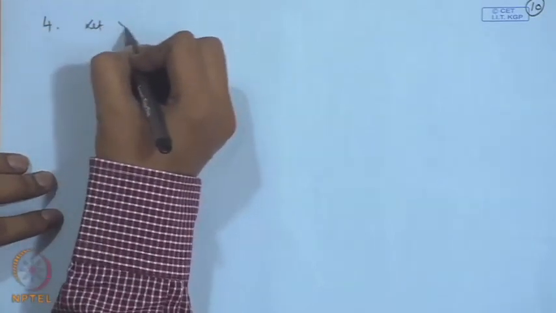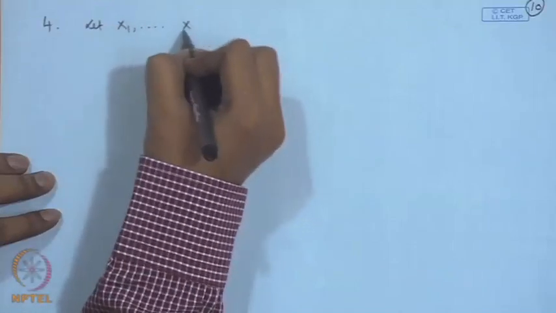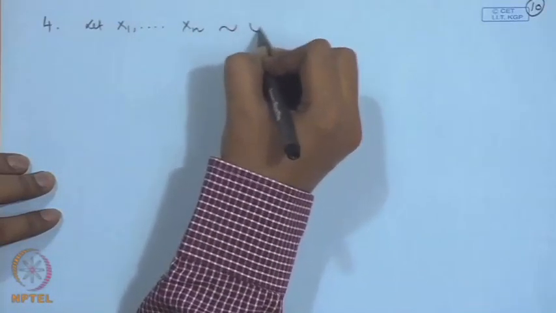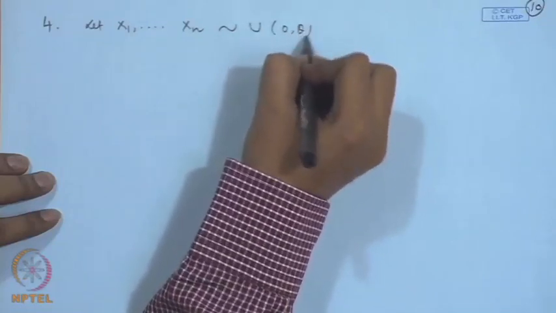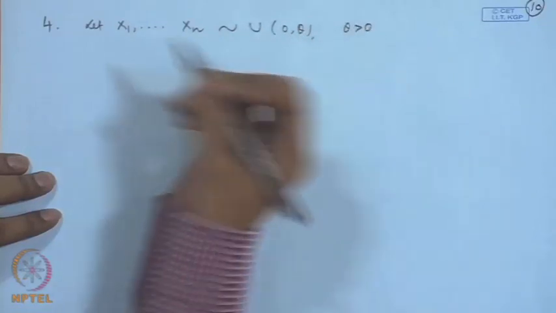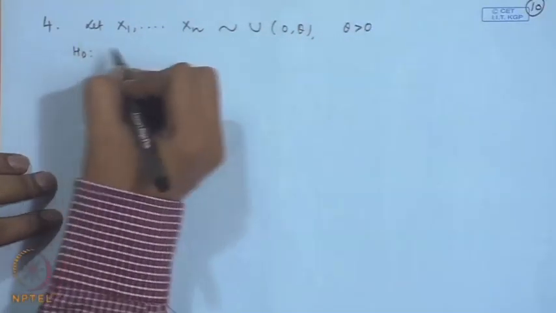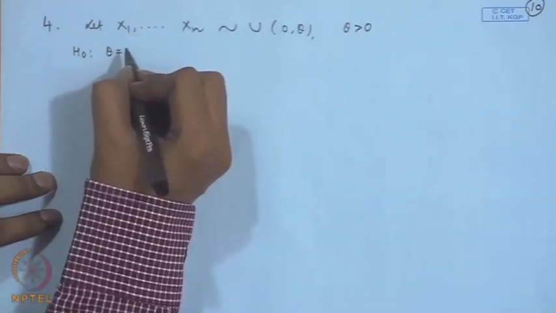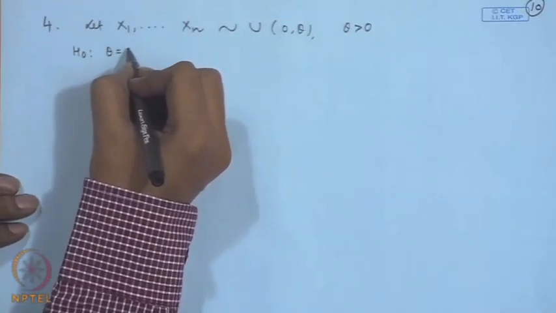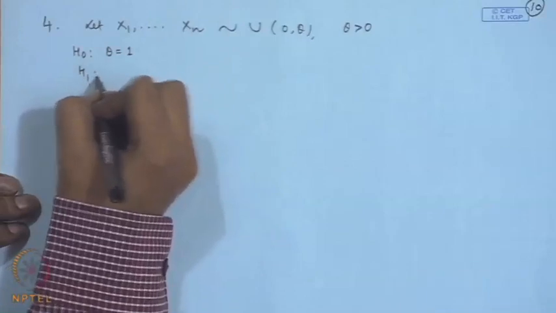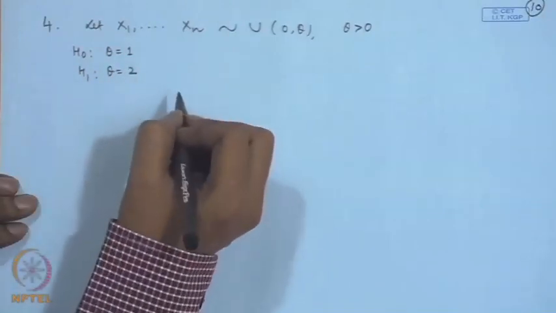Let us consider say x 1, x 2, x n from the uniform 0 theta distribution, and we consider a hypothesis testing problem, say theta is equal to 1 against theta is equal to 2.